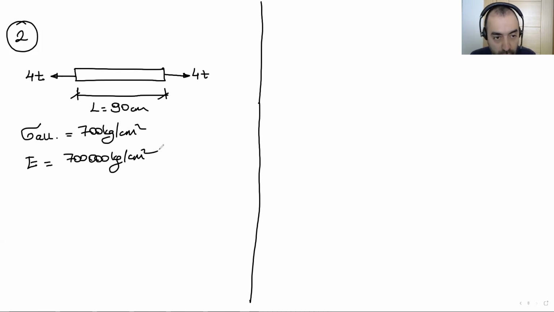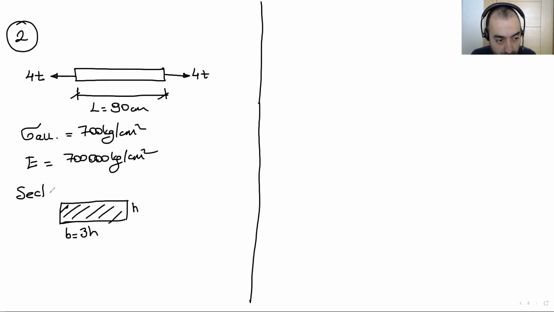By the way, the section of the member is rectangular. If this is H, here is 3H. So this is the section of the member.